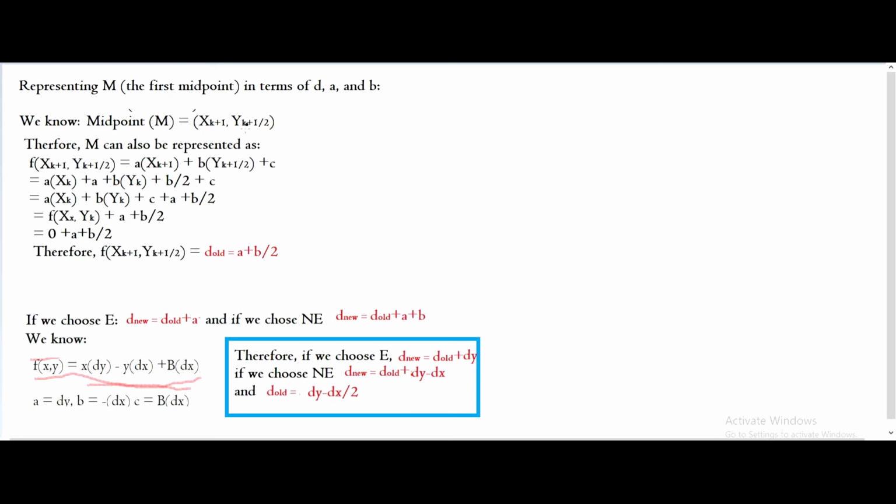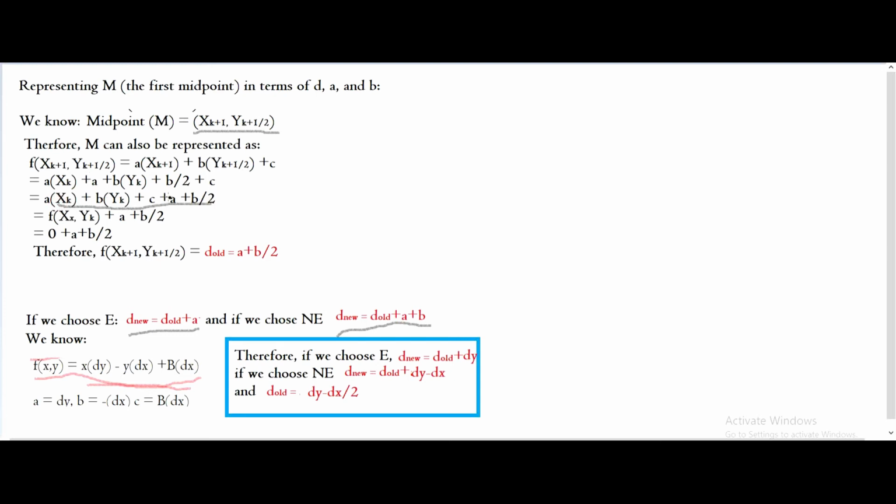Our first midpoint was basically this, represented by the green dot. It was xk plus 1 and yk plus half. We can also write it in the D new, D old form. So we can expand it using our formula of a line, ax plus by plus c. And after expanding, we get this equation here.